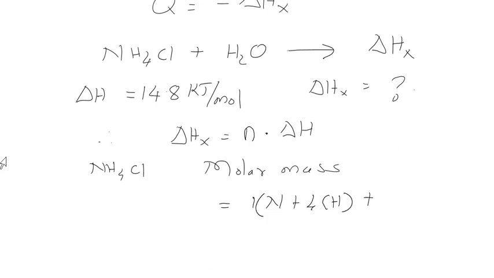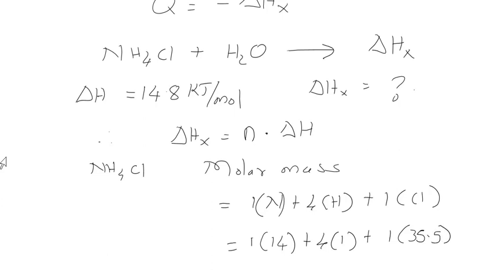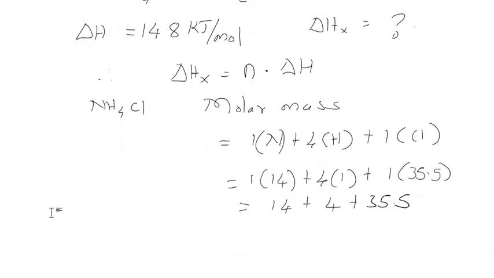So we have one nitrogen, four hydrogen, and one chlorine. If you look in the periodic table, you can find the atomic mass of each, and you will get the number as 53.5.